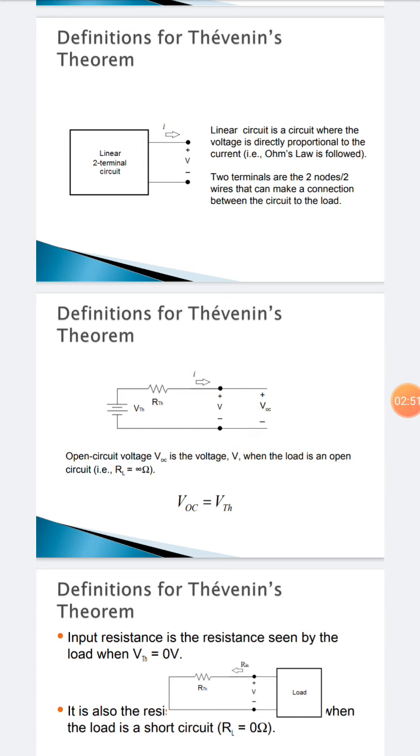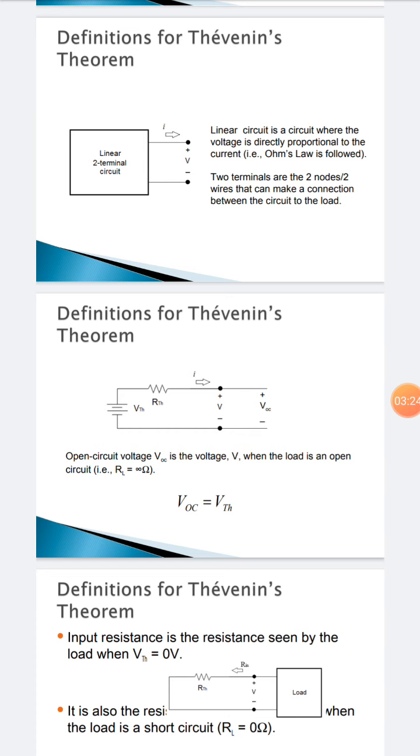This voltage is zero when the load is connected. I repeat, when the network is open circuited, at that time VTH is present, but when the load is connected, at that time the voltage at the receiving end is zero.